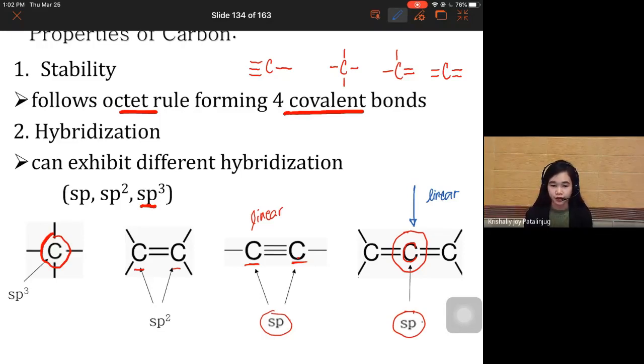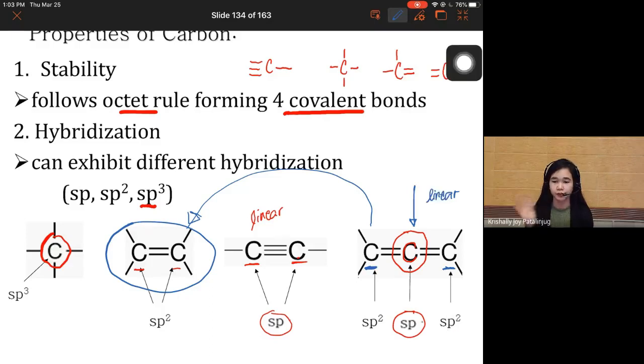Then the rest of the carbons, yung nasa kanan tsaka kaliwa, are in trigonal planar orientation, so ibig sabihin, sp2 hybridized yung mga carbon na nasa kaliwa at kanan.